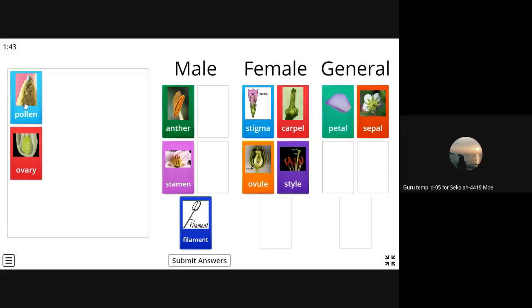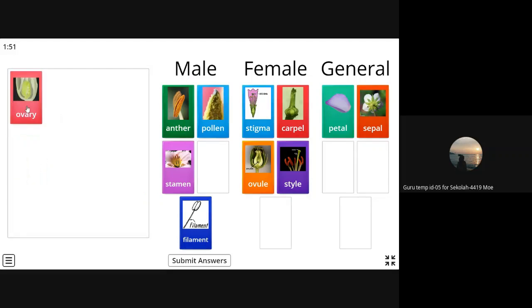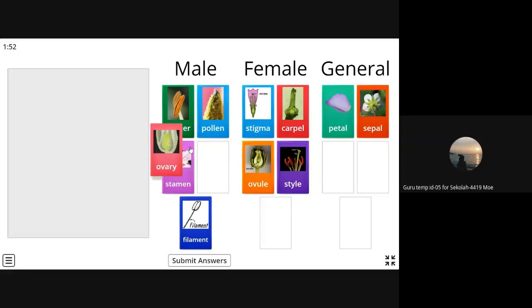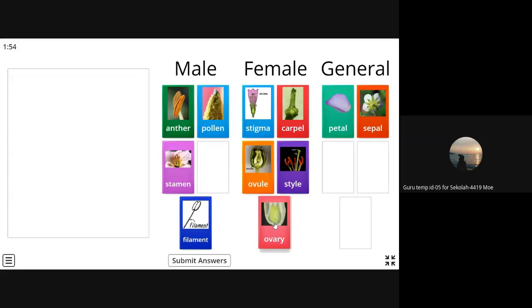Pollen. Okay, so pollen tadi adalah pollen grains which is inside anther. Okay, remember anther contains pollen grains, so obviously it is male lah. Ovary? Female. Of course, female. Okay, even human pun untuk female ada ovary, right? So the answer is female lah.